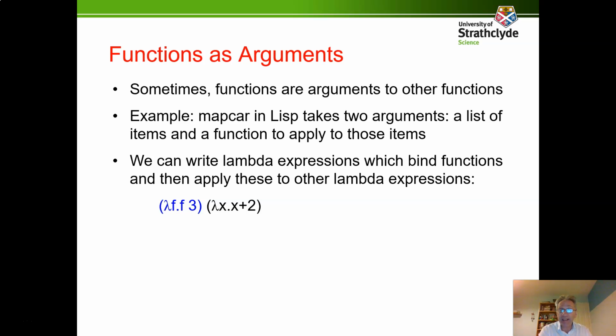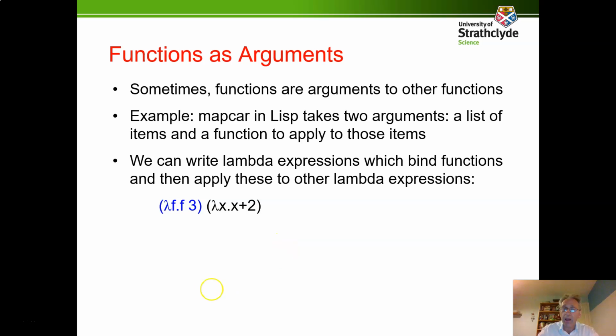It takes in a list of items and a function which it then applies to those arguments. So if you pass in the list 1, 2, 3, 4 and the function lambda x dot x squared, it will return you the list 1, 4, 9, 16. In other words, it applies the function to each and every member of the list.